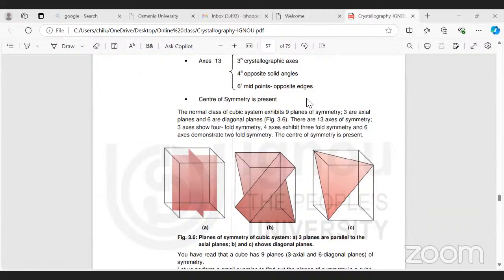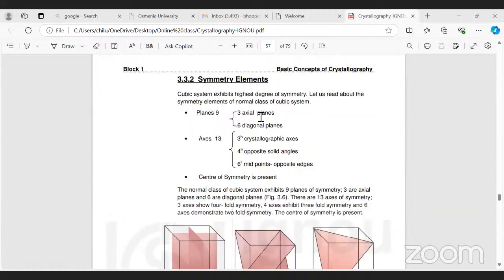These are all imaginary. You can imagine these are all the normal classification of a cubic system. Nine plane symmetries.